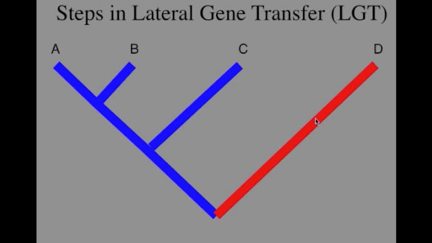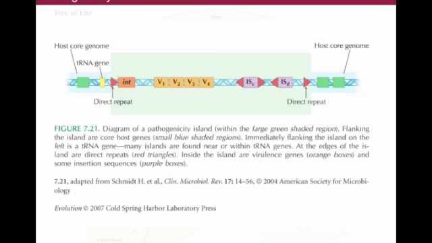If you saw something like this, where these two organisms had that gene, and this one didn't, this one didn't, and this one didn't, is it that it was present in the common ancestor and lost from a few lineages, or is it that it originated over here and got transferred over there? If you have a good model for what you expect to see if one occurred versus the other, you can tease them apart.